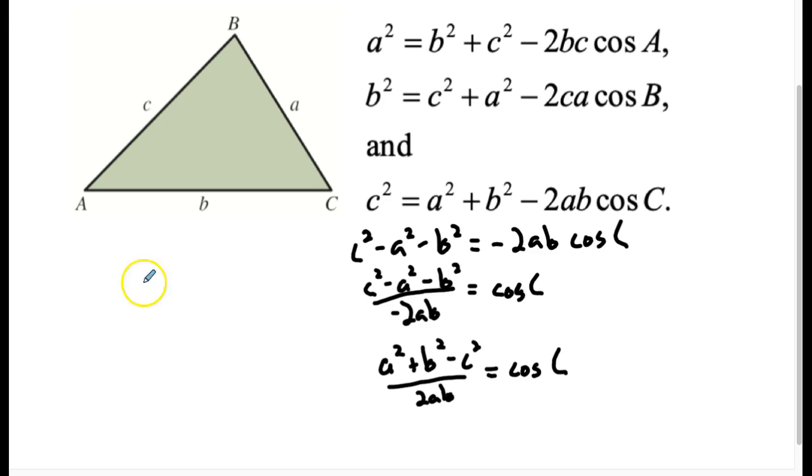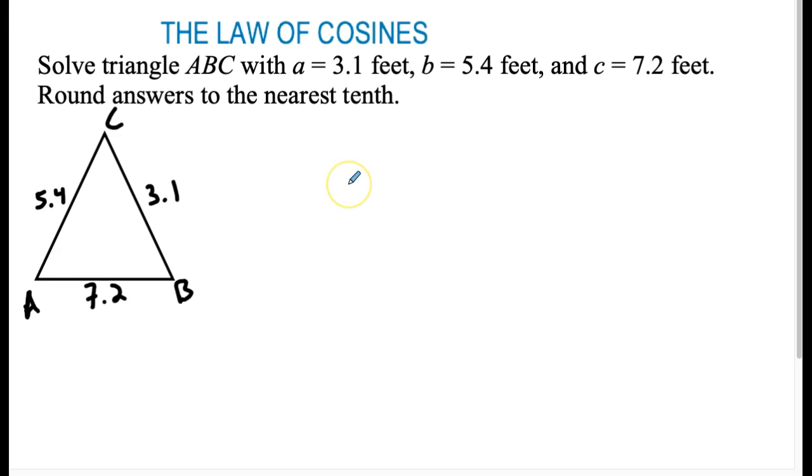Personally, I just memorized this version, so I'm going to use this version in the example. But if you want to use this version, that's perfectly okay as well. So, again, it doesn't matter which angle we solve for first. Let's go for angle C. So I know c squared equals a squared plus b squared minus 2ab times the cosine of c.